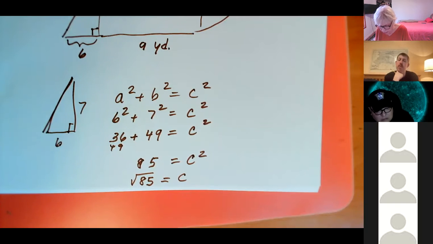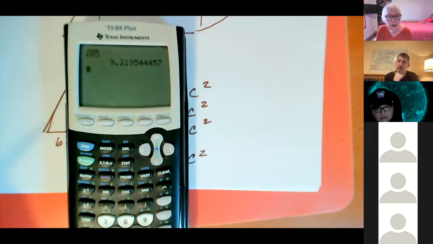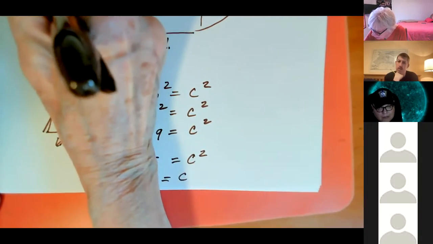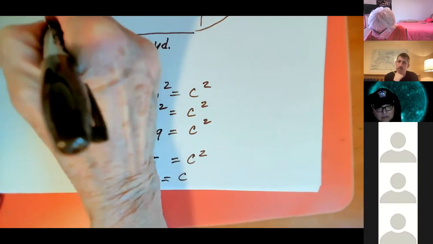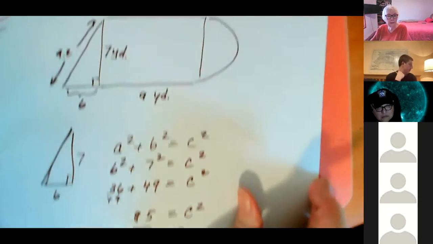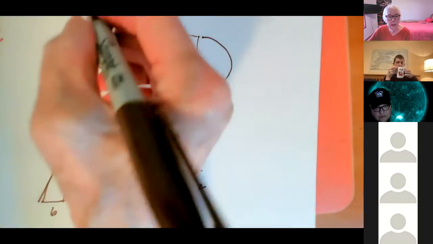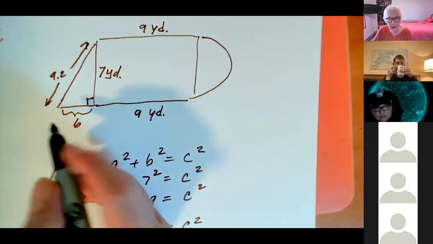Square root of 85, I'm going to round it to 9.2. So this distance here is 9.2. Without seeing the problem, that's the best I can do with that. But that's how you found that missing side.